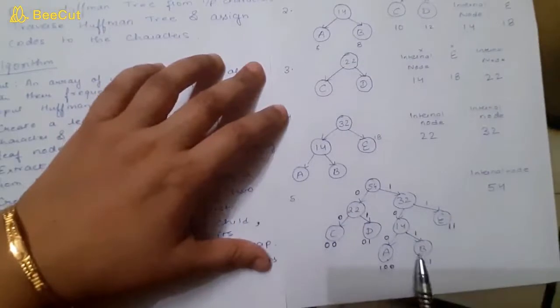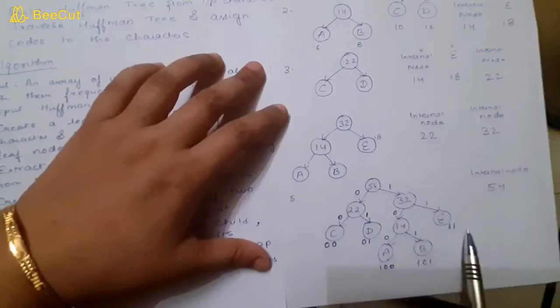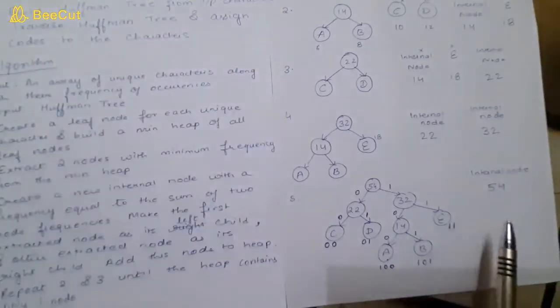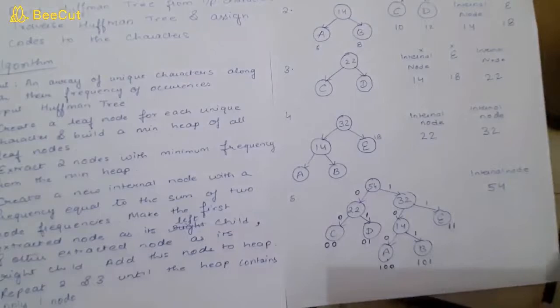You can see it over here that for C, D, E, these three, the code contains only 2 bits. Okay, we are using fewer bits to represent C, D, E because these are occurring more frequently as compared to A and B. And you can see that for A and B we are using 3 bits because these are occurring less frequently.